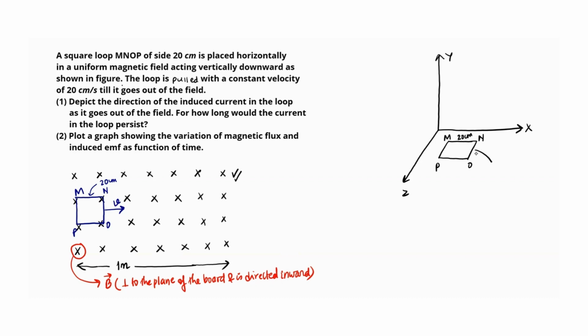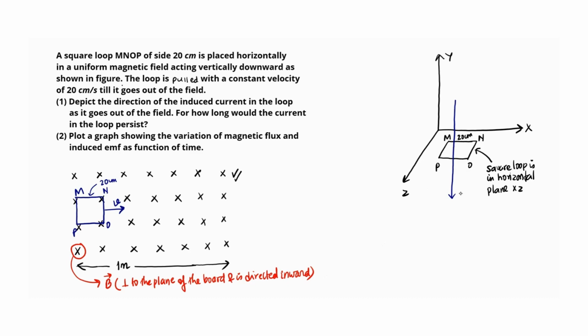The square loop is in the horizontal plane XZ, and we have the magnetic field acting vertically downward.